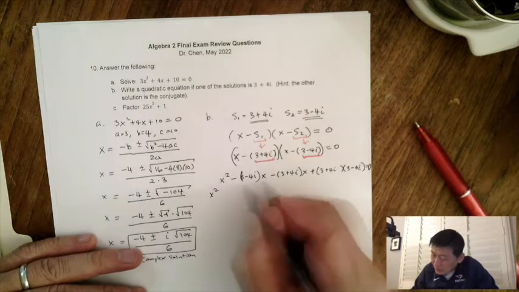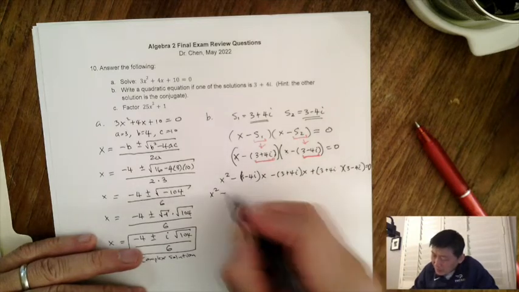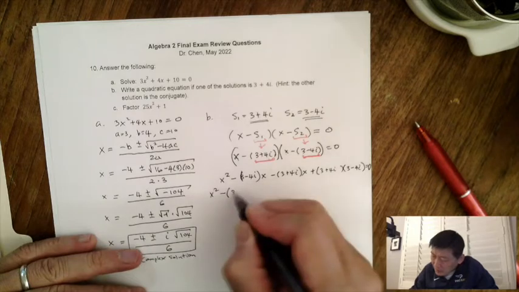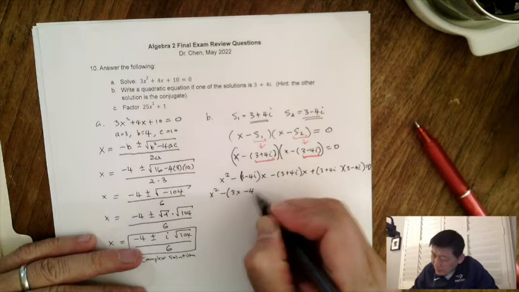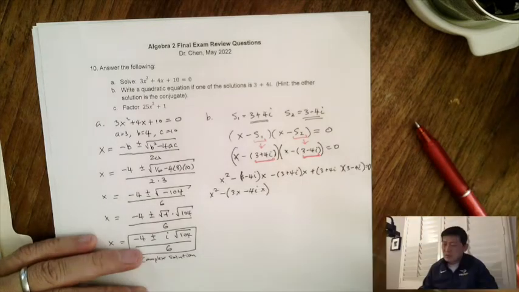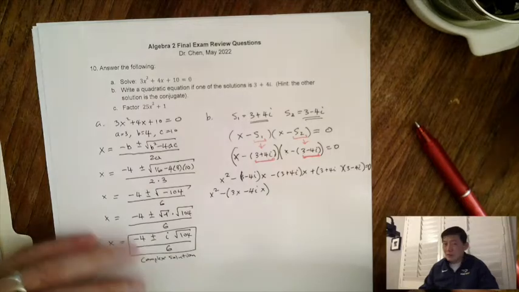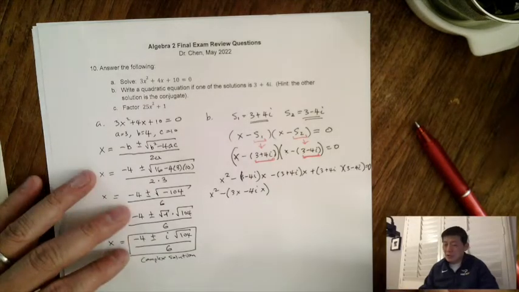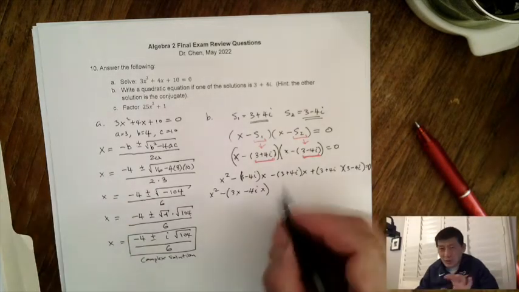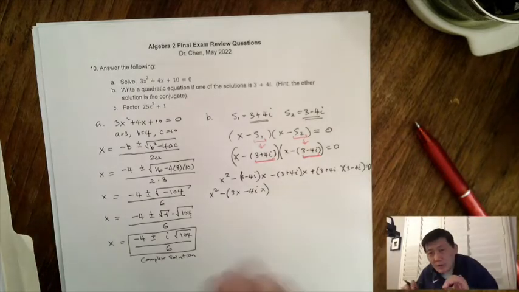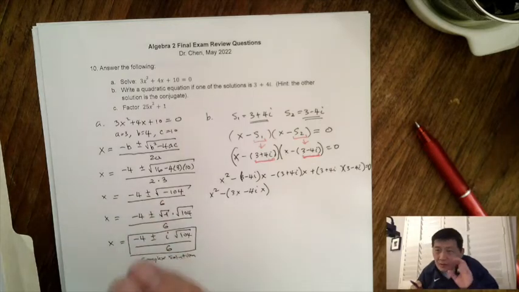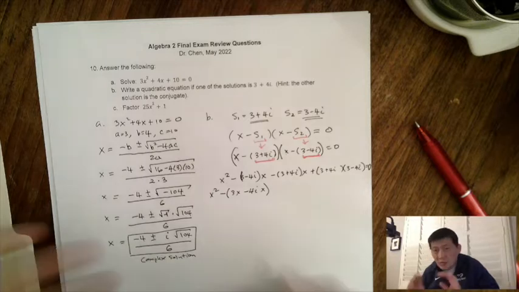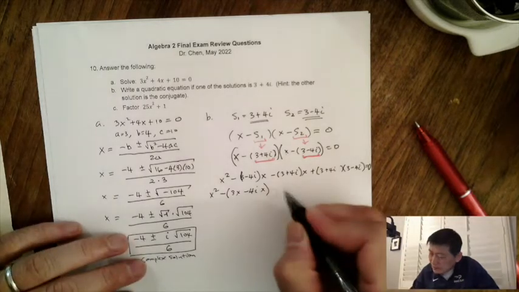So x times minus, now put a parenthesis, 3x, and then this is minus 4ix. Keep your parentheses, don't drop them. I'm breaking it down into detailed steps so that you don't make any mistakes along the way, dropping parentheses or forgetting to switch the sign and this and that. So be very, very careful, okay?